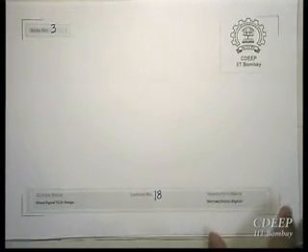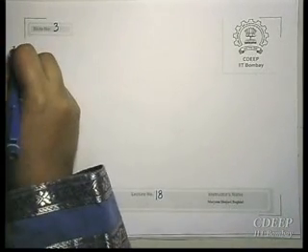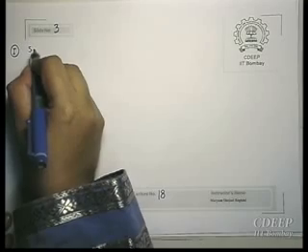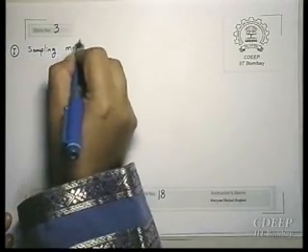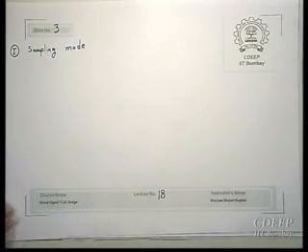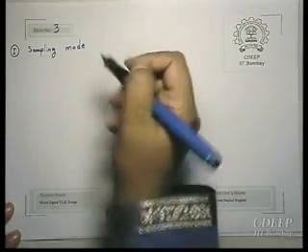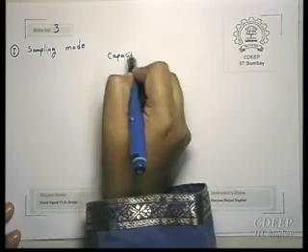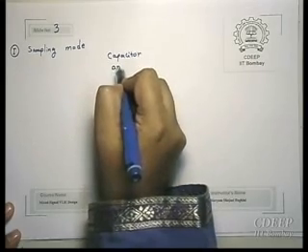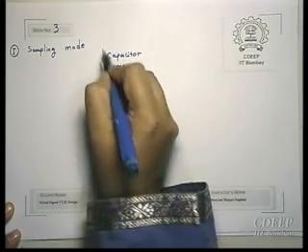To do any comparison, you need to have sampling. So the first phase will be sampling. In sampling mode, what we want to do is sample the input signal. I don't draw it again, I call this a capacitor array.